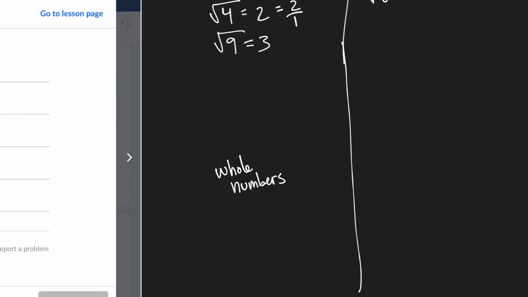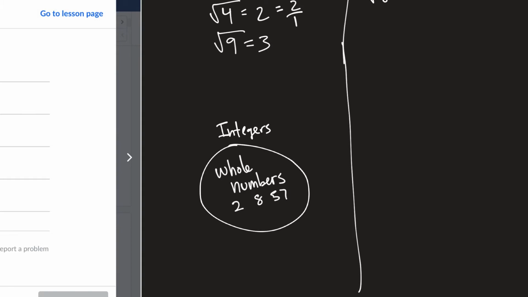These are the numbers like 2 and 8, 57. Okay, those are whole numbers, and I'll put a circle around that. And then outside of that, we have integers. And the integers would include the whole numbers, 2, 8, 57, and so on, but also 0, and negative 6, and negative 72, and so on. And I'll put a circle around that.